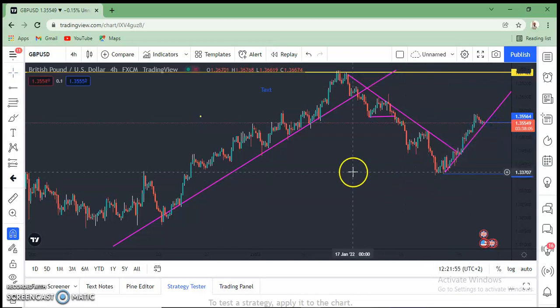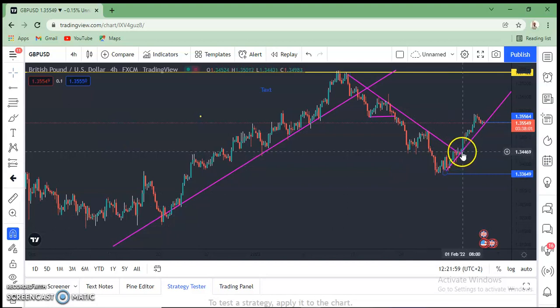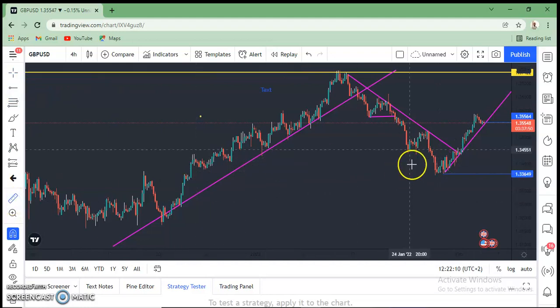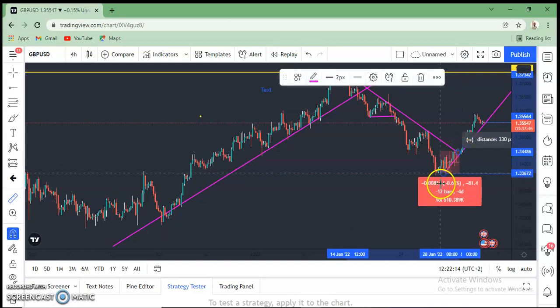So what you do actually, for instance, when you are executing your market from this point, you will place your stop loss at this point here, which will be around 80 pips.